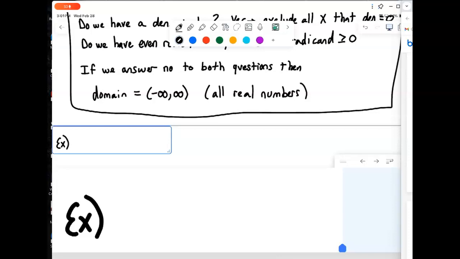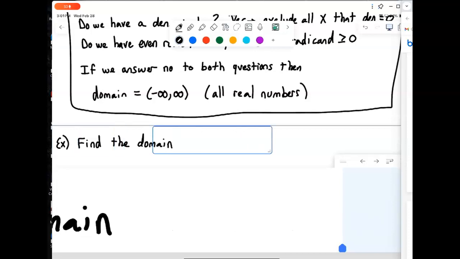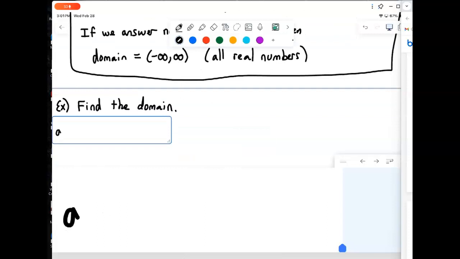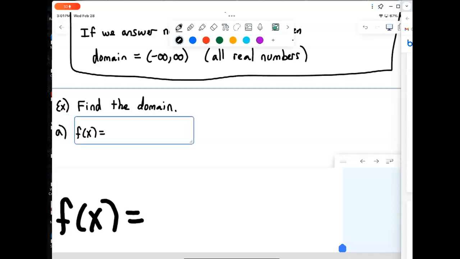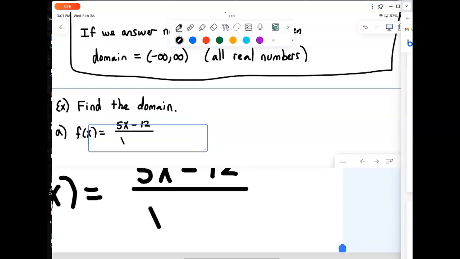Okay, so let's look at some problems where we're trying to find the domain now. Let's begin with f of x equals (5x minus 12) over (x squared minus 4).